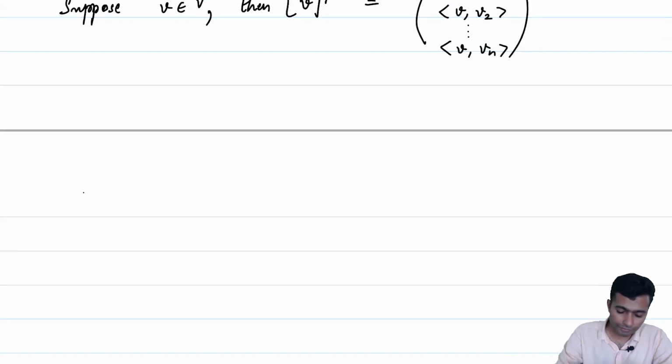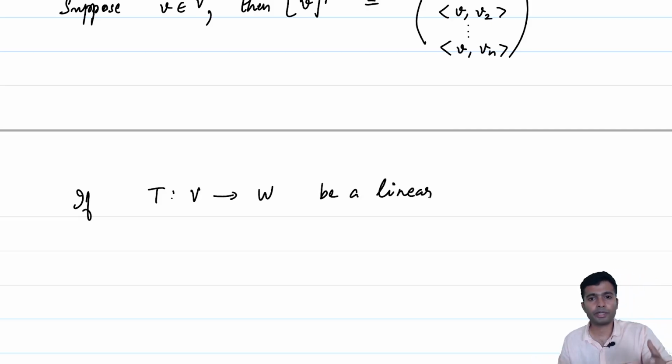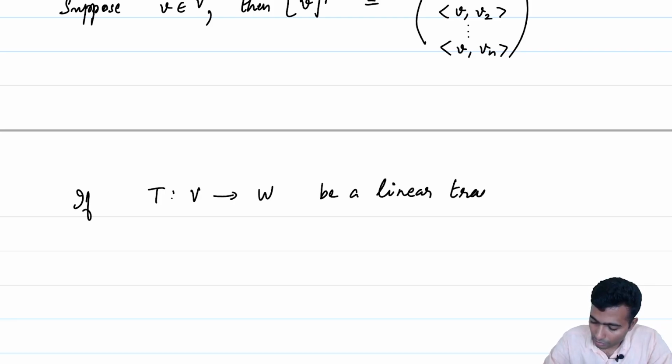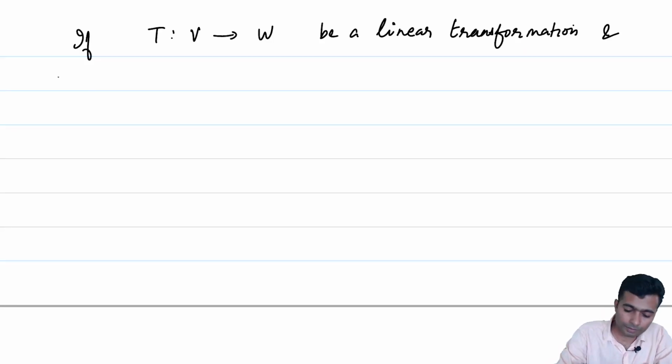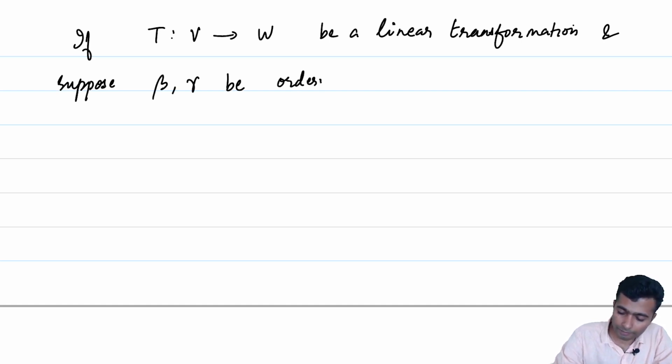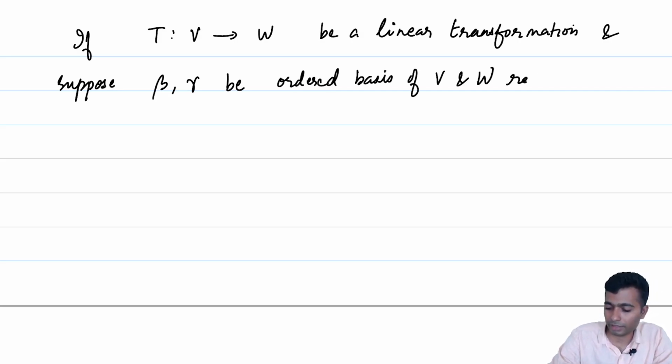Even better, suppose T from V to W is a linear transformation. This also makes computing the matrix of T easier if W is an inner product space, where V and W are vector spaces over F. Suppose beta and gamma are ordered bases of V and W respectively.